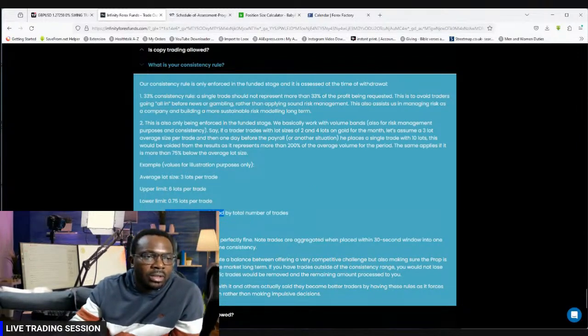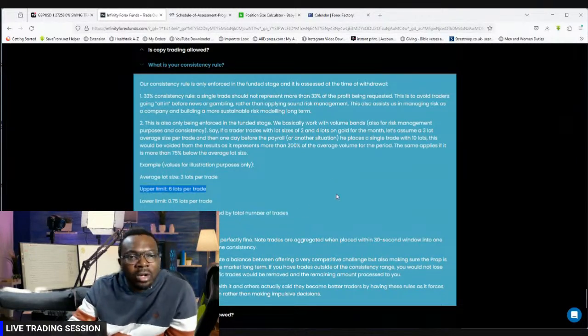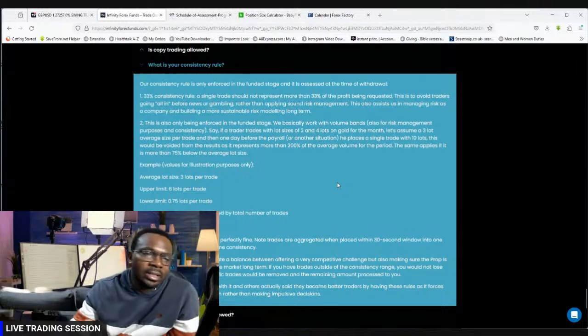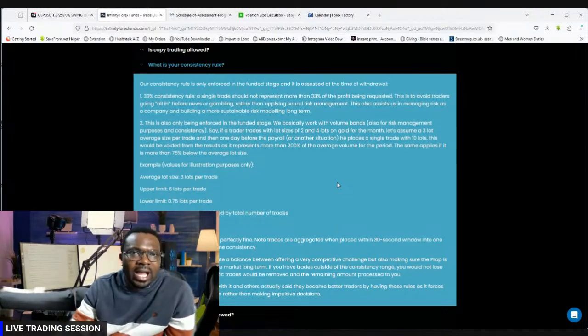On my back office, I'll show you. Here it says total lots traded divided by total number of trades. This is where the issue is. If it is the total number of trades, what about the other limit orders, pending orders that were not executed and then closed?